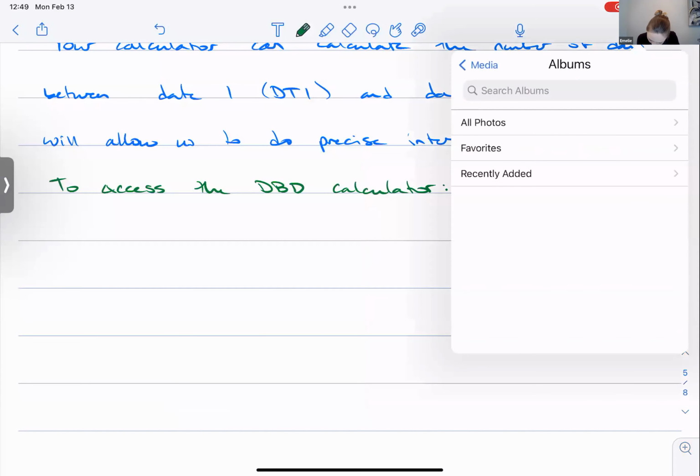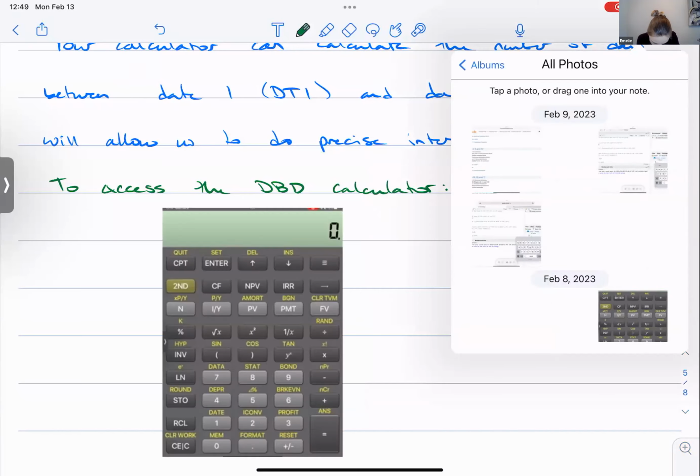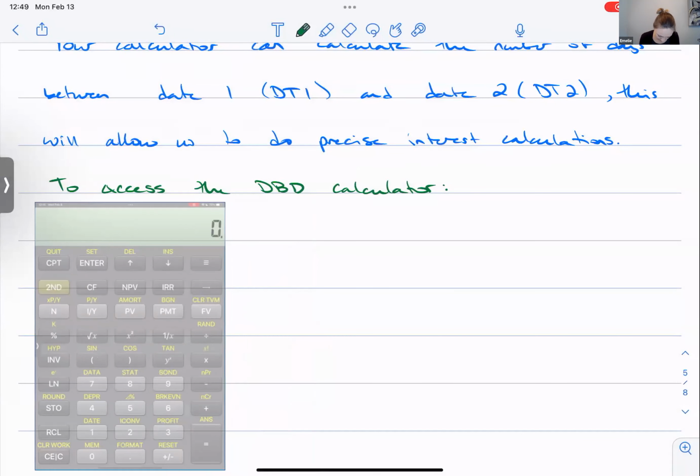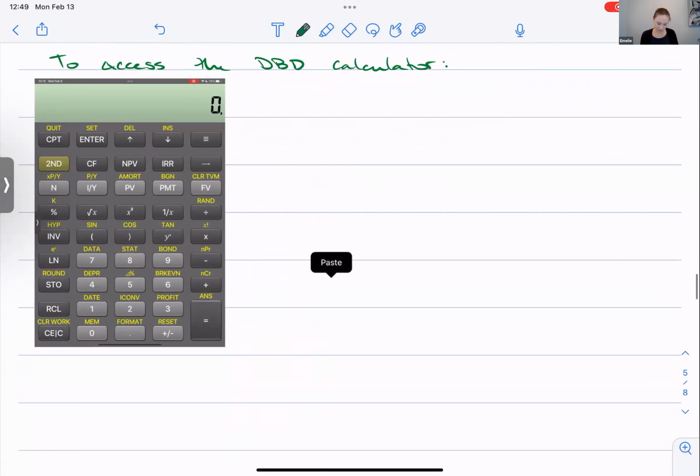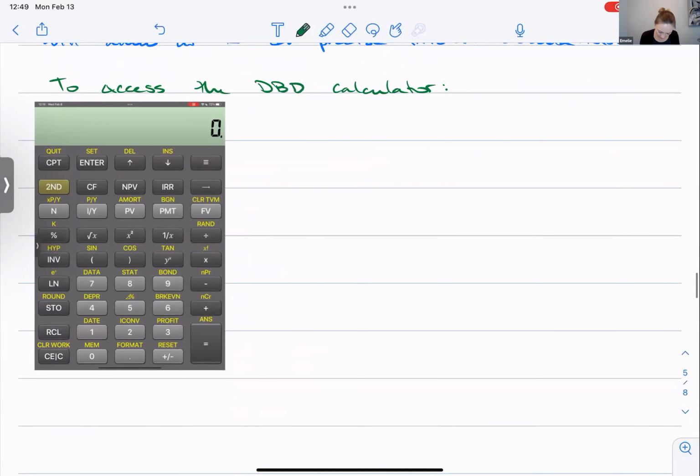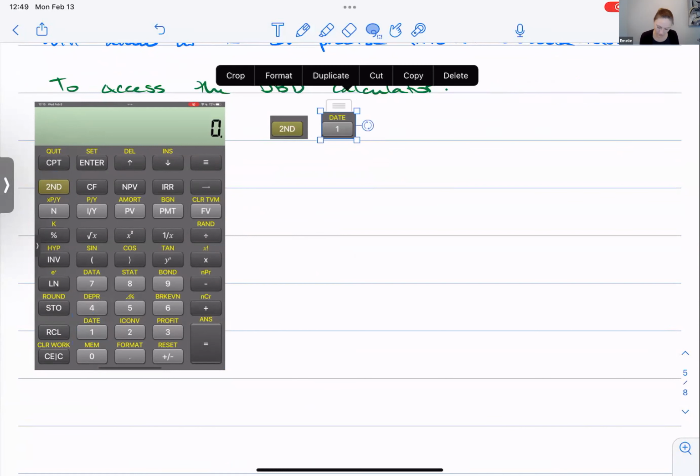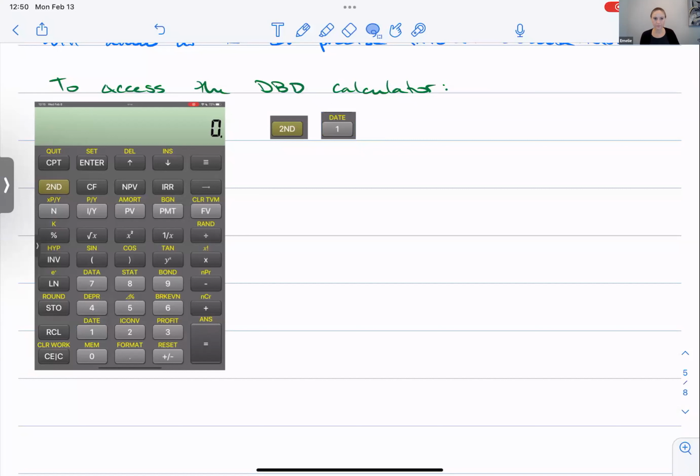No, I don't want one with a value on the screen like this. Okay. So what you're going to do is it's here in the date button. To get to the date, you have to hit second and then date. So to access that, you have to hit second one. Okay.